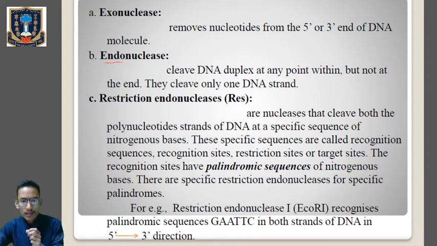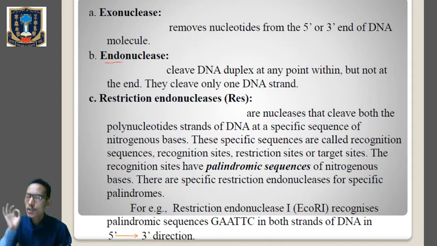Then next one, this restriction endonuclease will clip the DNA molecule at a specific sequence of nitrogenous bases. That means a specific sequence of nitrogenous bases will only be recognized by the restriction endonuclease.